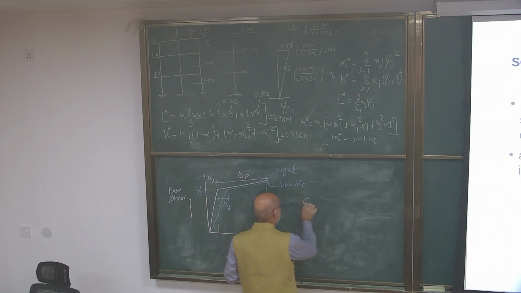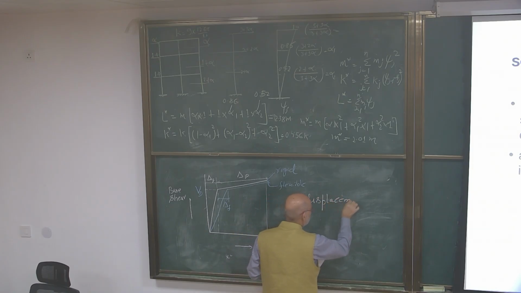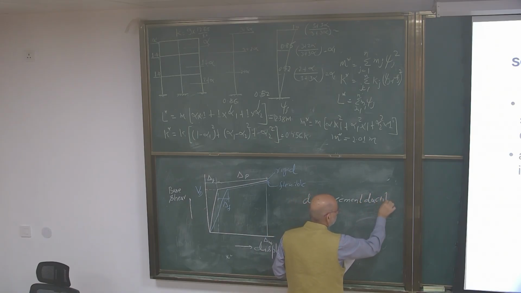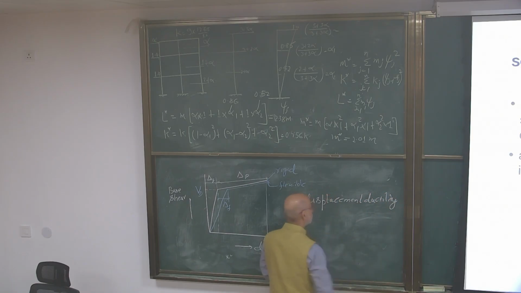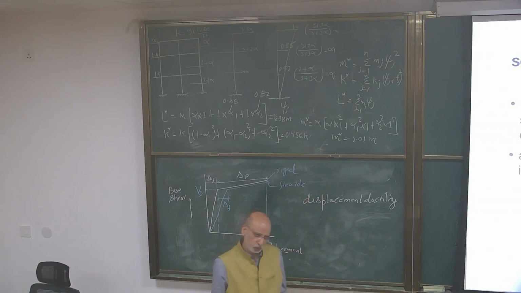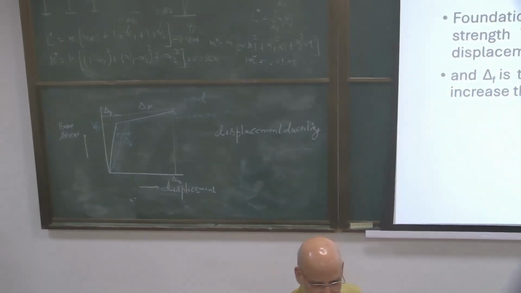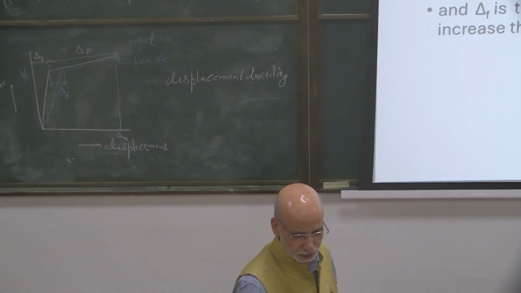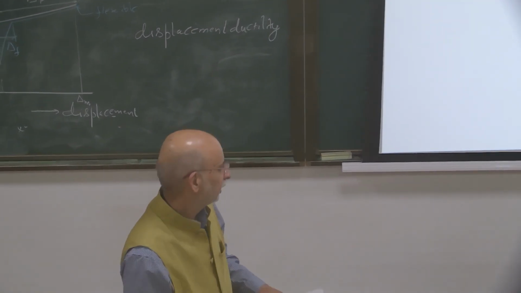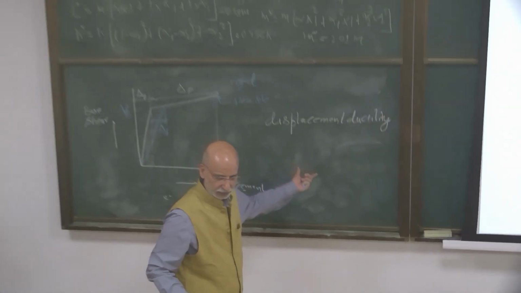Having said all those things, now the displacement ductility. There are two ductilities: one is curvature ductility, another is displacement ductility. For curvature, the M-theta curve, Professor Datta told you how the plastic hinge forms. Another way is displacement ductility.